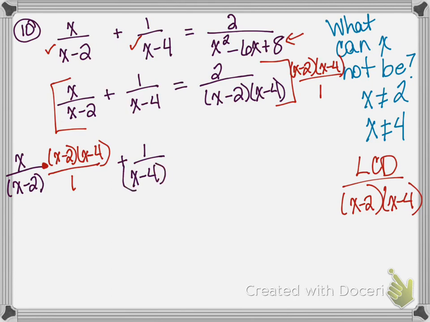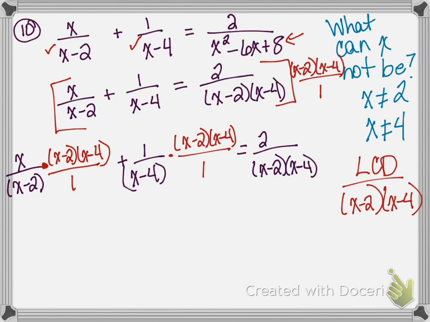I multiply that times my LCD, x minus 2, x minus 4 over 1. Then I have equals 2 over x minus 2 times x minus 4, and I am multiplying that times x minus 2, x minus 4.